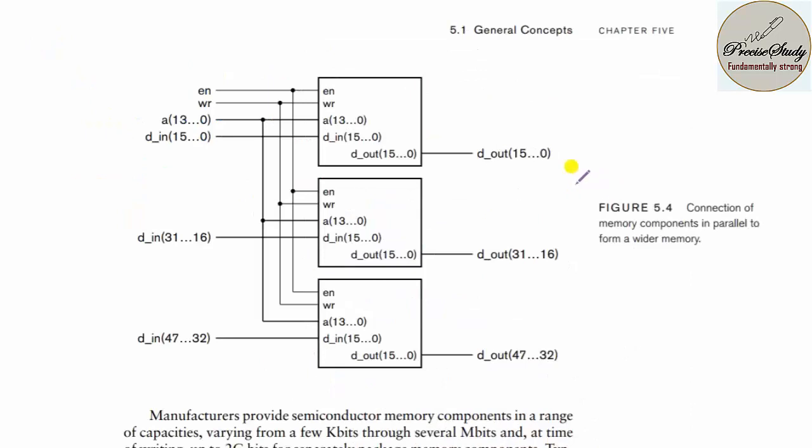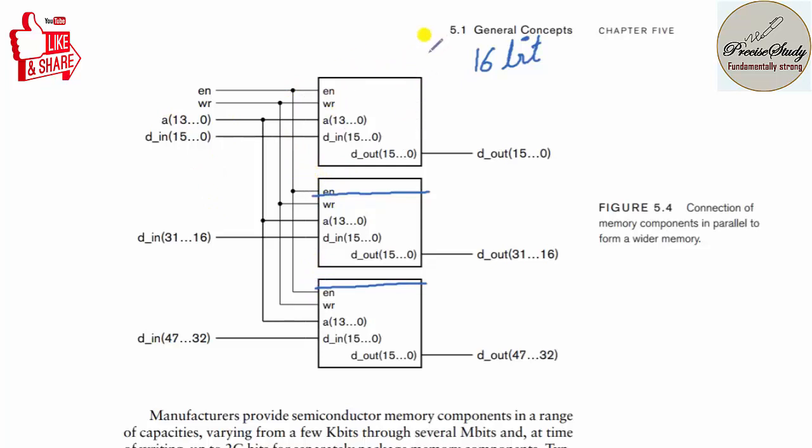How are we going to increase the memory size? In order to increase the memory size, we keep the address constant and increase the data values. Say suppose in this memory you can store 16 bits of information in a particular location. In this memory also you can store 16 bits, and in the first location also you can store 16 bits. So the address I am going to point to the first location only.